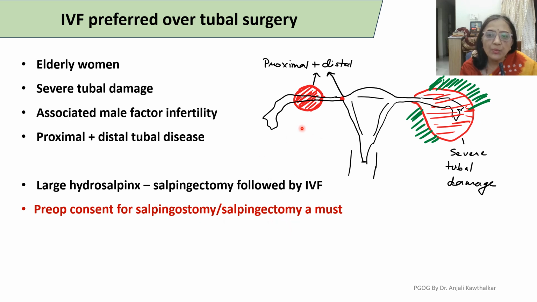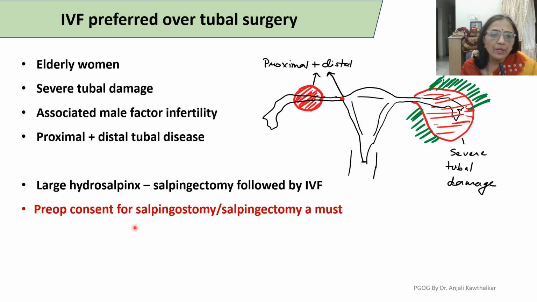Because when we do the laparoscopy, we assess the size of the hydrosalpinx, and we see whether the wall of the hydrosalpinx is thin-walled or thick-walled. Then when we open it, we can see the presence or absence of intact mucosal lining. That will be the deciding factor which will help us decide whether to proceed with a neosalpingostomy or a salpingectomy.